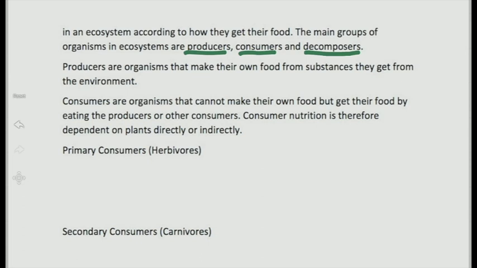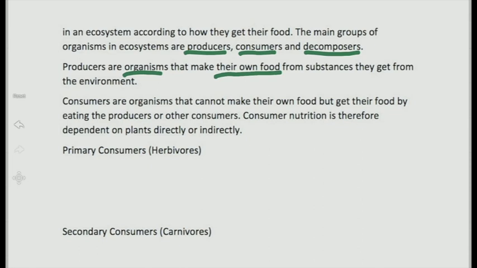Then we have the consumers, which are in two forms, the primary and secondary consumers. Producers are the organisms that make their own food. Obviously, here we're talking of plants.